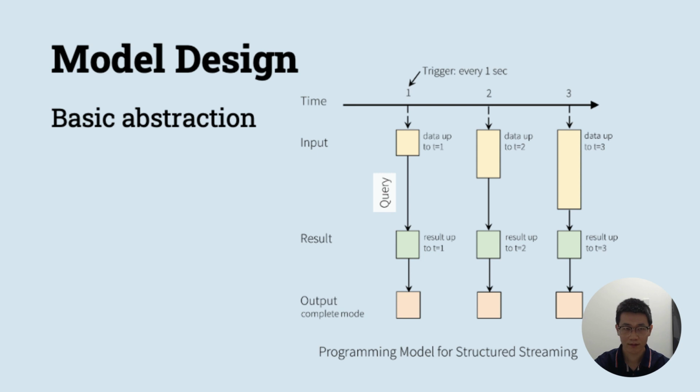This is a relatively simple processing flow, demonstrating how it works with streams. I've taken this diagram directly from the official Spark website. Their diagrams are quite good. Here you can see a timeline with 1s, 2s, and 3s.